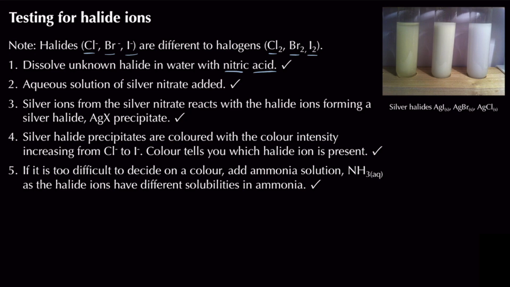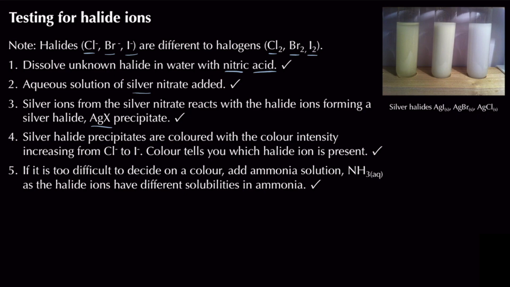We would then add silver nitrate solution, and we end up with the silver ions reacting, where the nitrate ions are going to be our spectator ion, and we end up forming a silver halide precipitate, which of course has a formula of AgX, where X is any halogen. Now, we end up with different colors for our precipitates, and a precipitate is just a solid suspended in water.